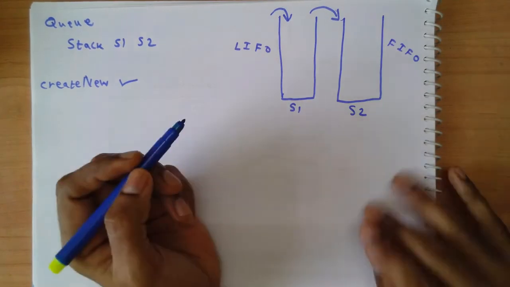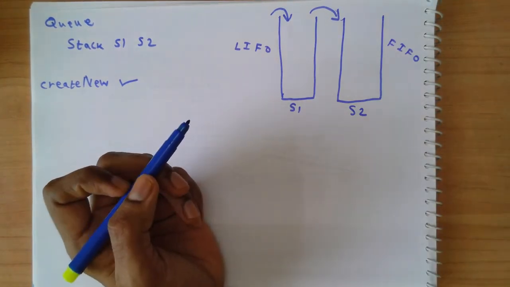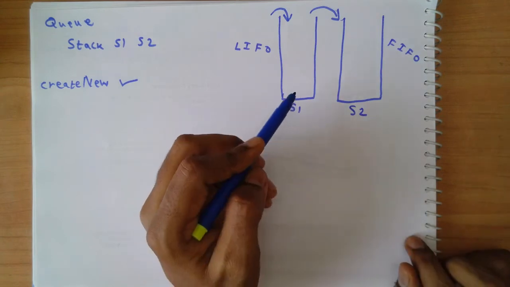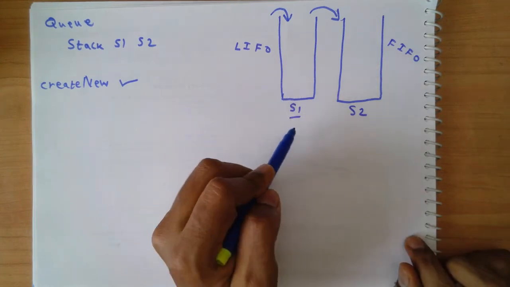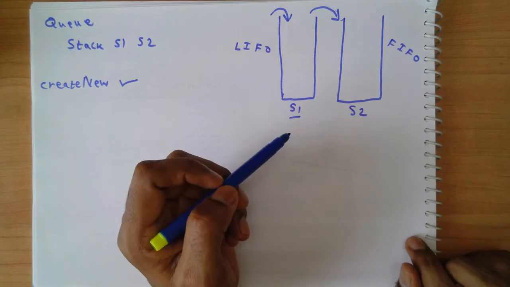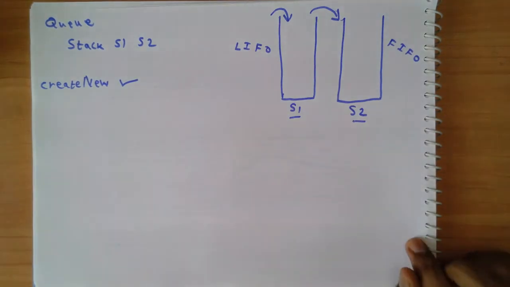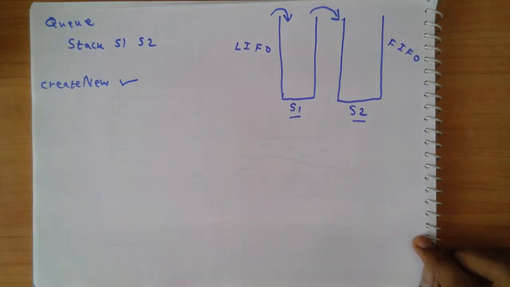So whenever I want to do the add operation on this particular queue, it will be S1.push, and whenever I want to do delete operation on this queue, it will be S2.pop. Okay? That's the way I will implement.